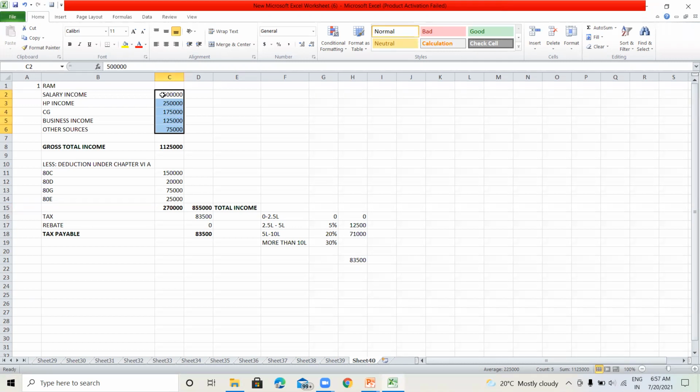So the gross total income is the total of the five heads of income, and total income is the gross total income minus deductions provided under Chapter 6A.